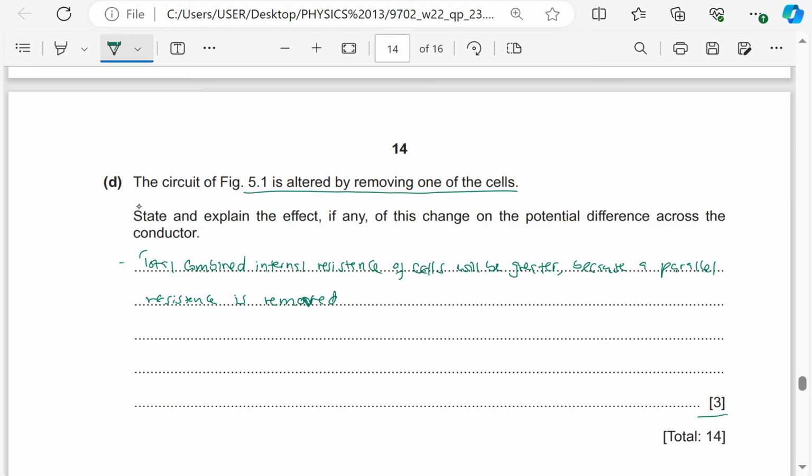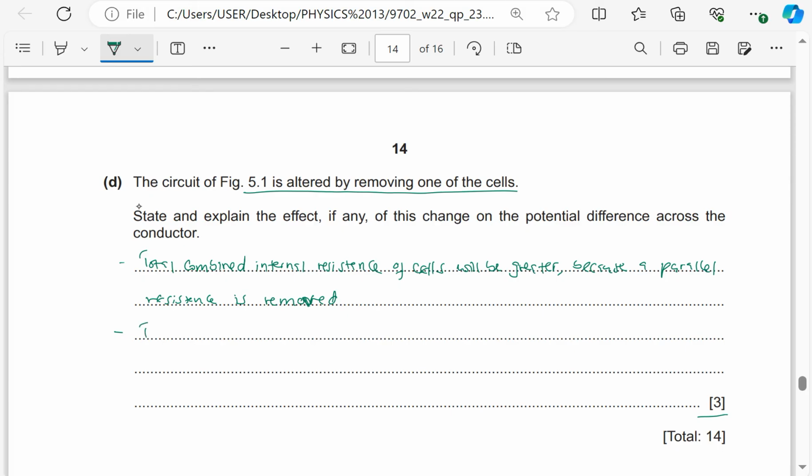So number 2, the total internal resistance has been increased because the parallel resistance has been removed, so it means the internal resistance is going to take a greater share of the total PD. Because if the total internal resistance is greater, it means the internal resistance takes a greater share of the available total EMF or the available total PD, which means a smaller share goes to the external resistance.